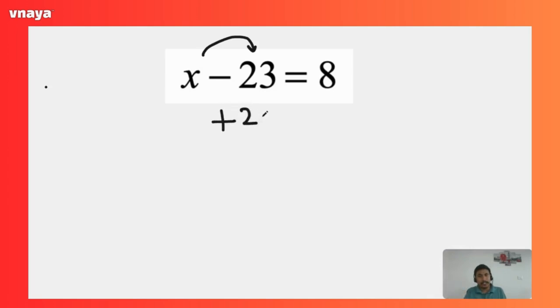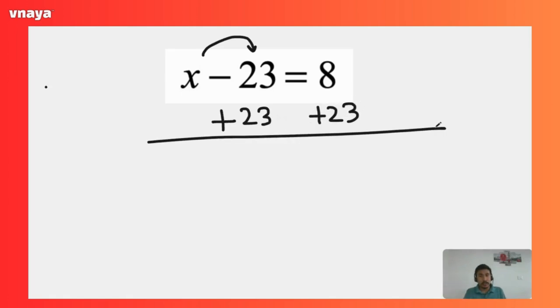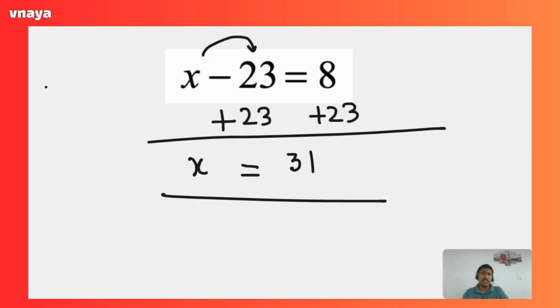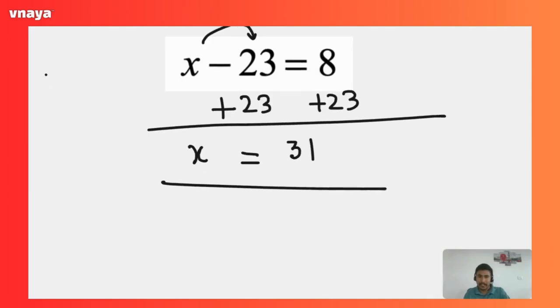So you add 23 on this side, but because it is a balanced equation, you have to add 23 on the other end too. So you have x left on the left-hand side, because minus 23 plus 23 gives you 0, and 23 plus 8 gives you 31. It means earlier you had 31 candies, and after distributing 23 candies to your friends, you are left with only 8. But that is a good thing because sharing is caring, right?